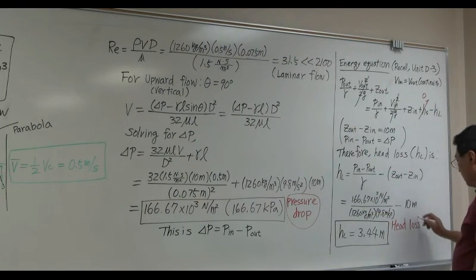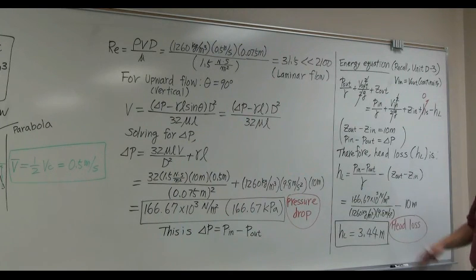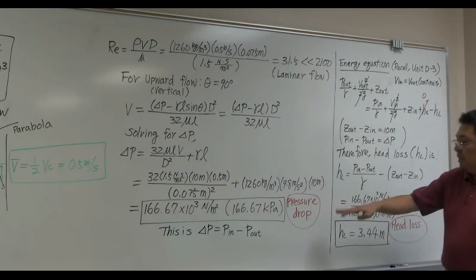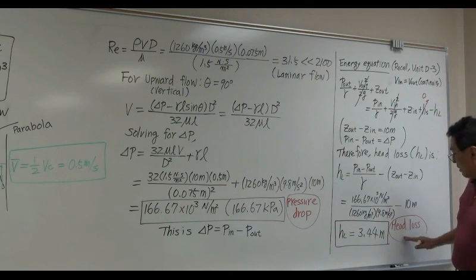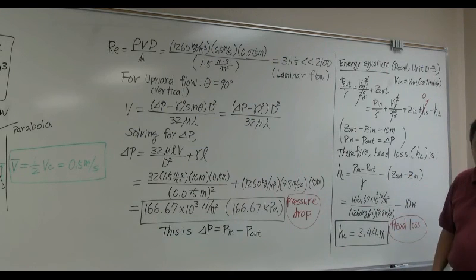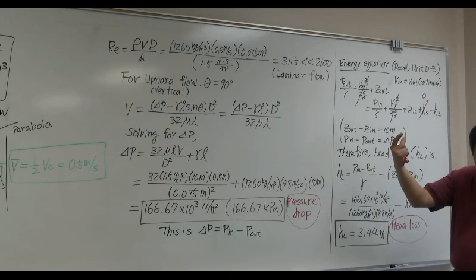This much. Okay? This is the loss associated with the pipe flow in this case. It's essentially a function of delta P. If you have a big pressure drop, you have a lot of head loss, you need to add a huge pump to add more energy to deliver the liquid upwards. Okay?